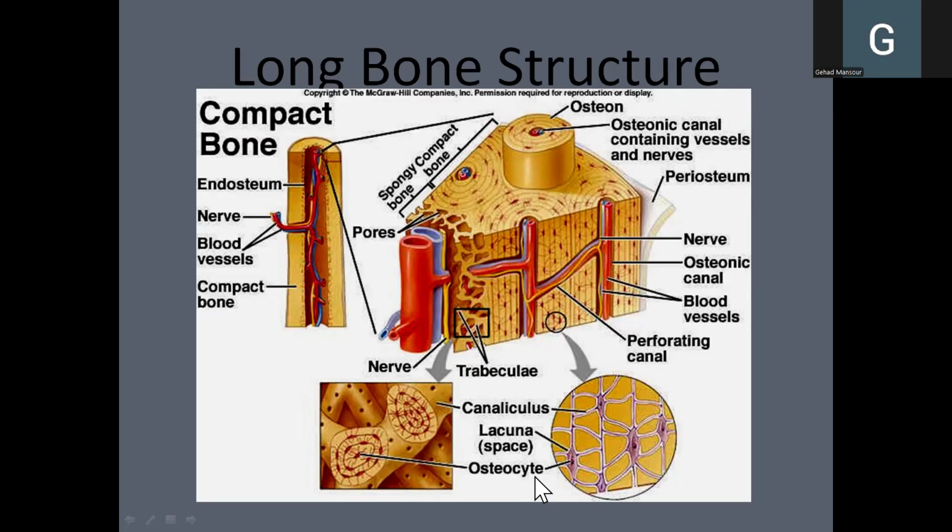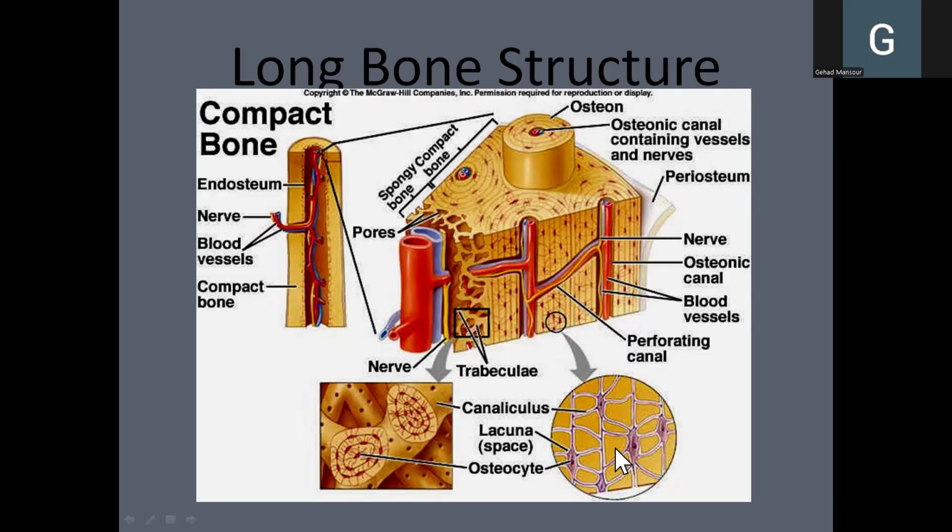The immature ones are called osteoblasts. And if they are osteocytes, then one of their functions is to lay down calcium and phosphorus in the soft tissue around, or the matrix around, that is essentially made of proteins, and which we call the osteoid tissue.